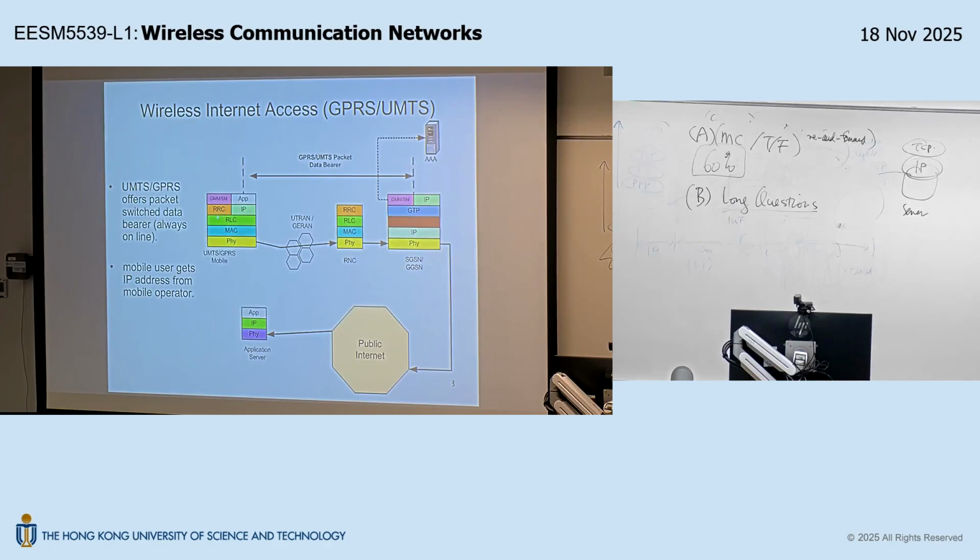So if you are the application programmer programming the app on the data plane, what you see is an IP-ready data bearer. There's virtually no difference for you to program an app in a 3G device versus program an app for the fixed line computer. In both cases, you can assume you have an IP-ready connection. Okay? So that's a big difference.